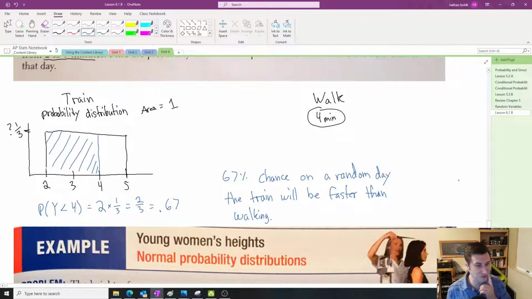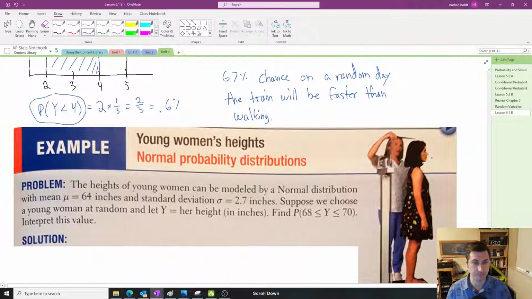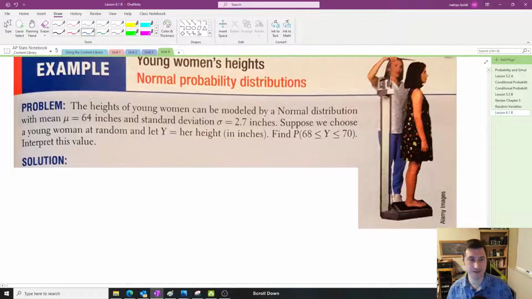I'm hoping that looks kind of familiar because we've done this before, just not in the lens of probability of random variables.